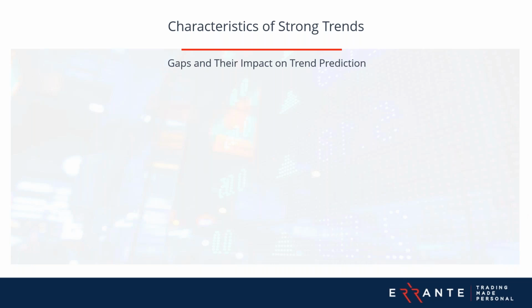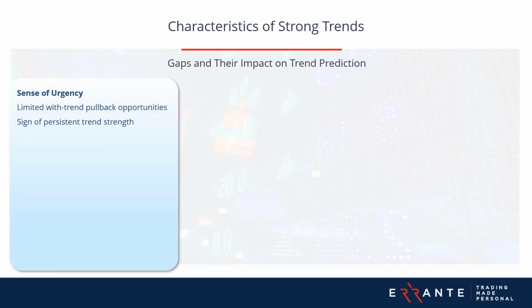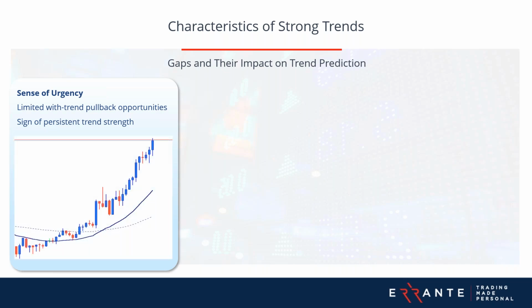Okay, so let's continue with the other characteristics of a strong trend and go through more details. The first, we have a sense of urgency in market participation. One of the hallmarks of a strong and persistent trend is the noticeable lack of opportunities for trend pullbacks.